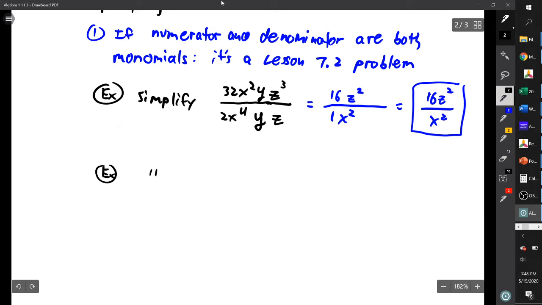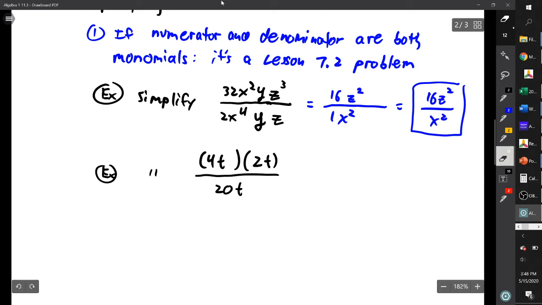Slightly different flavor. So simplify. This time, we're going to have to do a little bit of work first to multiply before we divide. So we have 4t cubed times 2t divided by 20t. Sorry about this, I'm going to change that cubed to a fourth, divided by 20t squared.